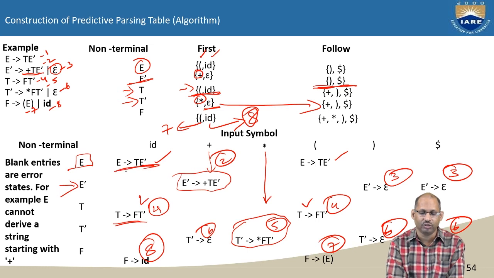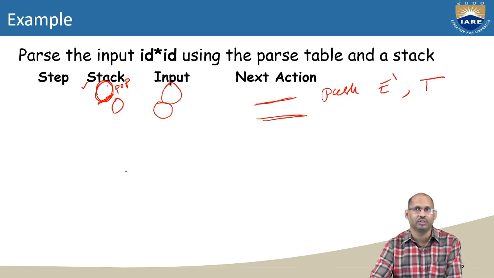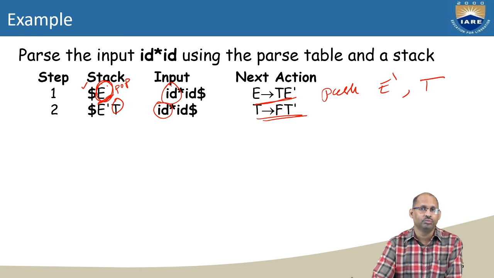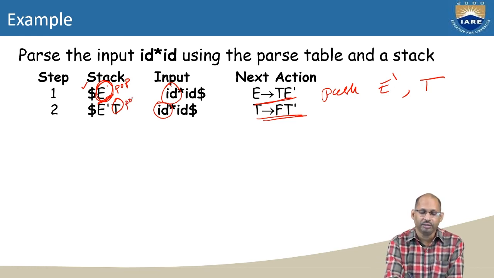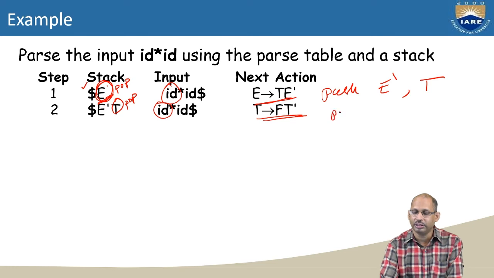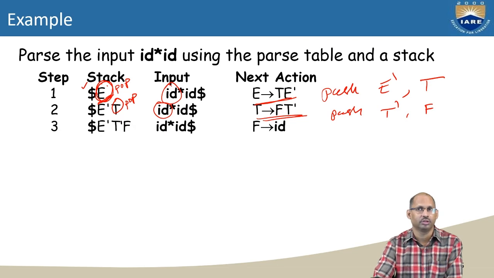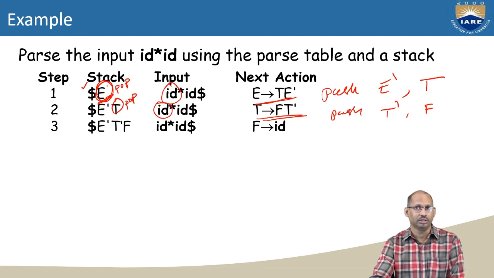Previously E gives TE', right? Now, what we have to do? Pop T, push the symbols T' comma F, right? So we are storing E', T' and F in the stack.